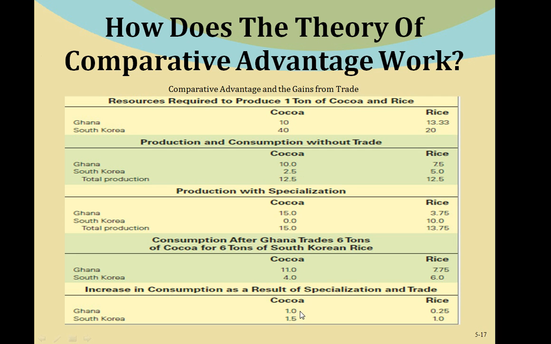Take a look here. Why do we get 1 here? Why did South Korea get 1.5? How to get that? Anybody give an answer? Okay, I give you time to think. From where do you get 1.0, 1.5? Please tell me how to get that.